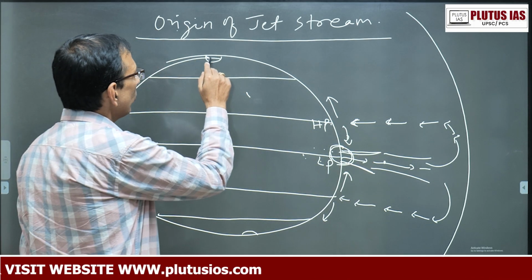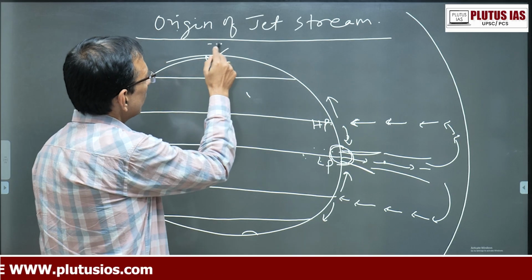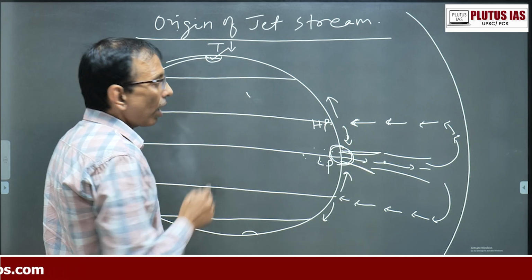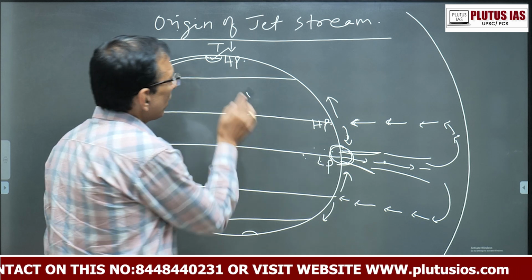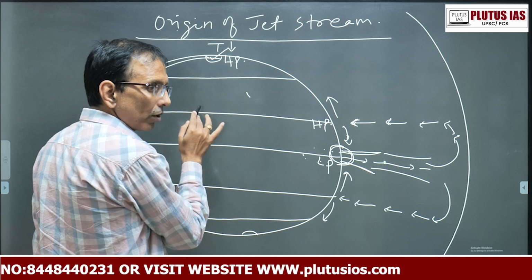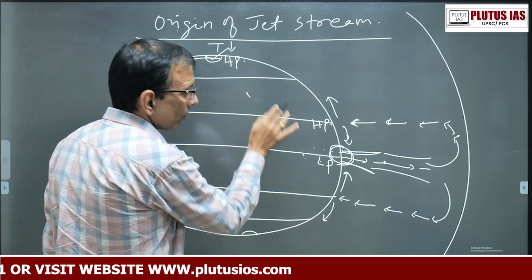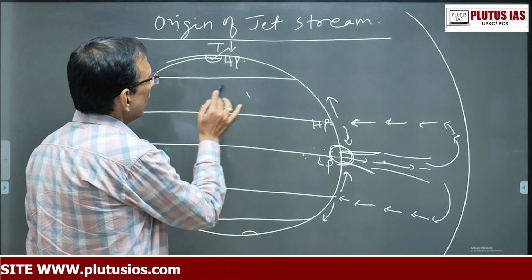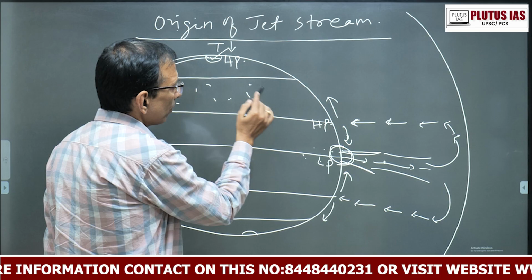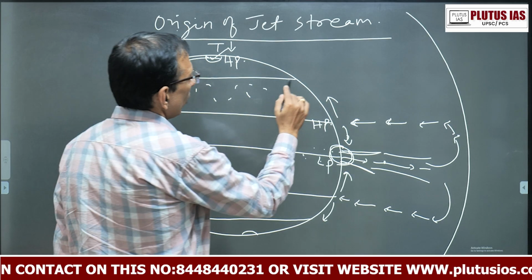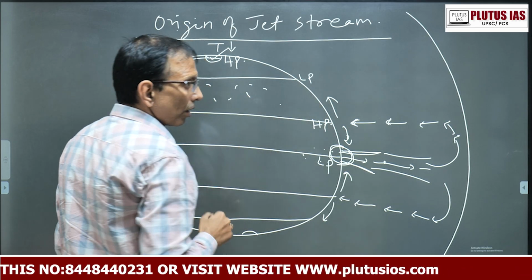In the same way, in the polar region, where temperature is already very low, a high pressure region is created. And comparatively in lower latitude, between say 50 to 60 degree, the temperature is comparatively more, hence low pressure is developed.